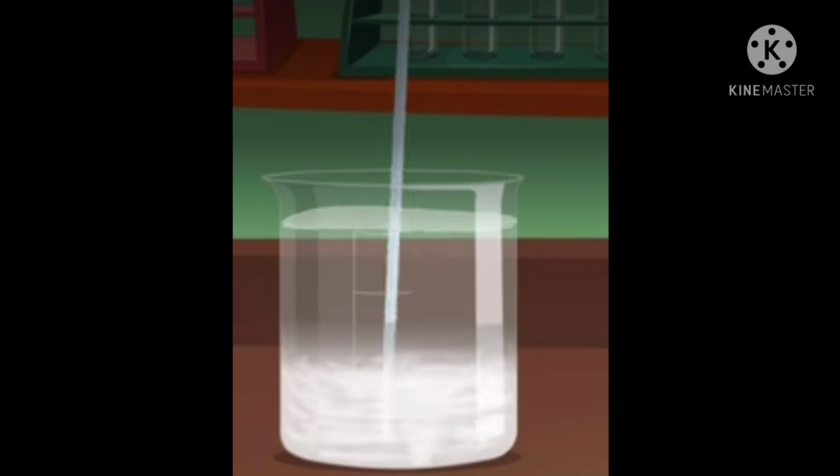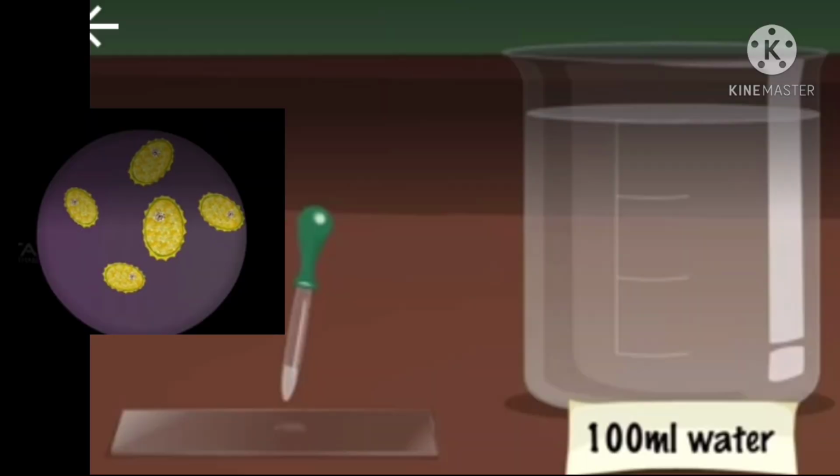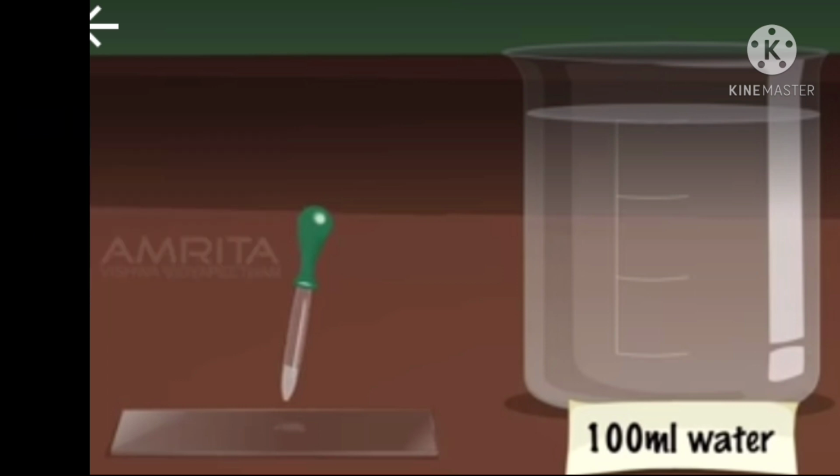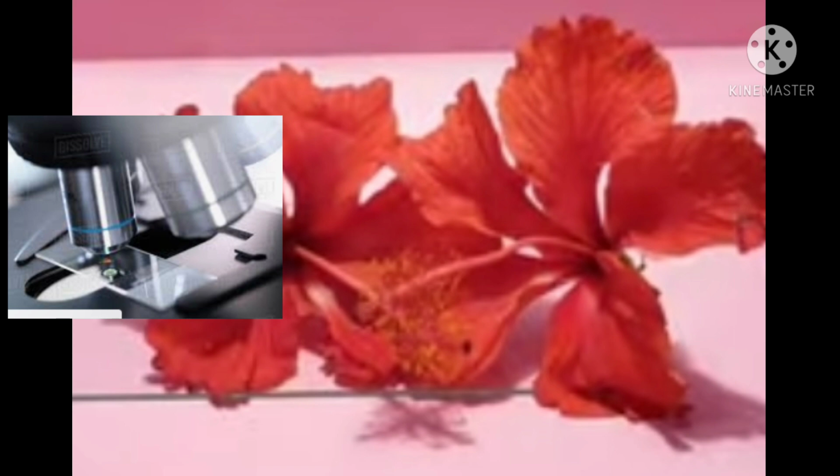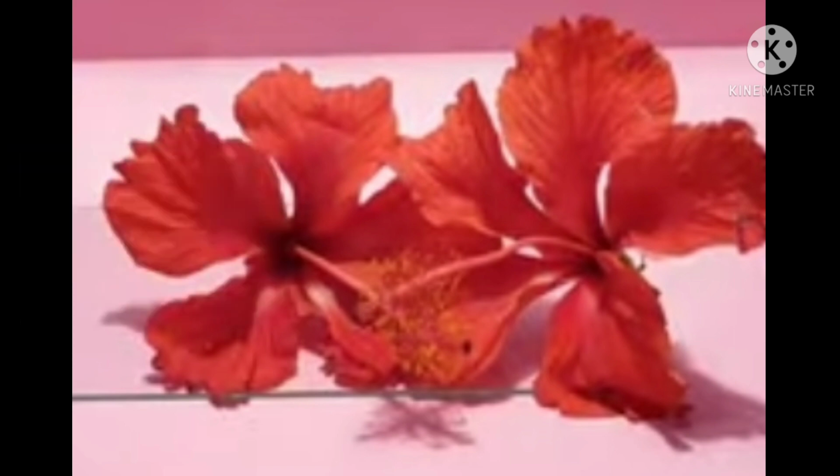So make the solution and then take a dropper. With help of the dropper, you take the solution on a slide. So now you have a solution on your slide. Now take your experimental flower.